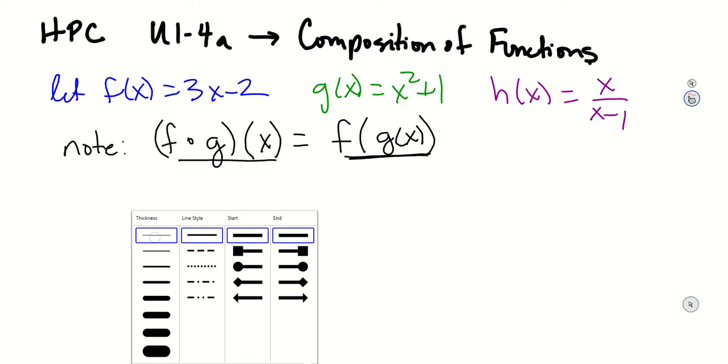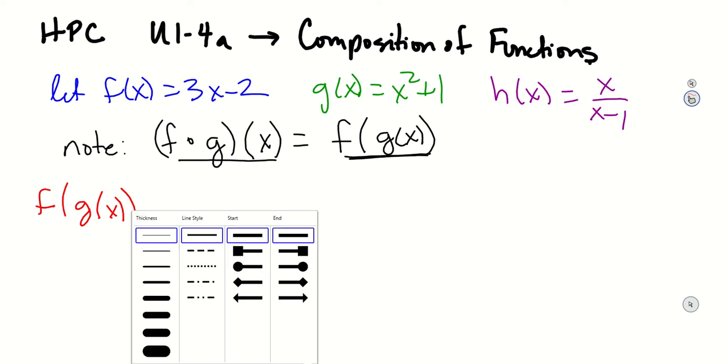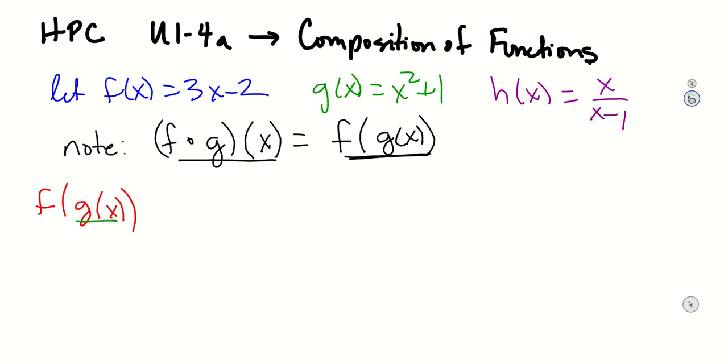Let's find f of g of x. If I'm going to find f of g of x, I'm going to work from the inside out, and this is asking us to take g of x and put it inside of f.